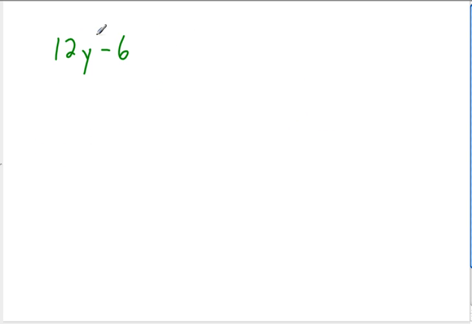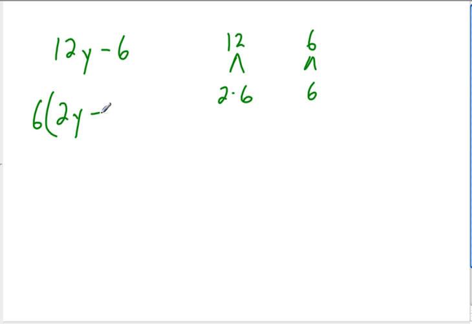Now, when you're factoring something like this, where the greatest common factor is that whole number, right? 6 is the greatest common factor here. When you factor out the 6, you get 2y minus, and then it's not that it goes away, it's actually dividing out.